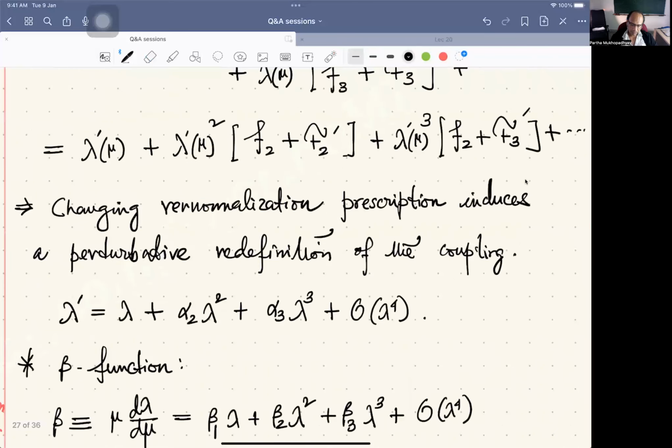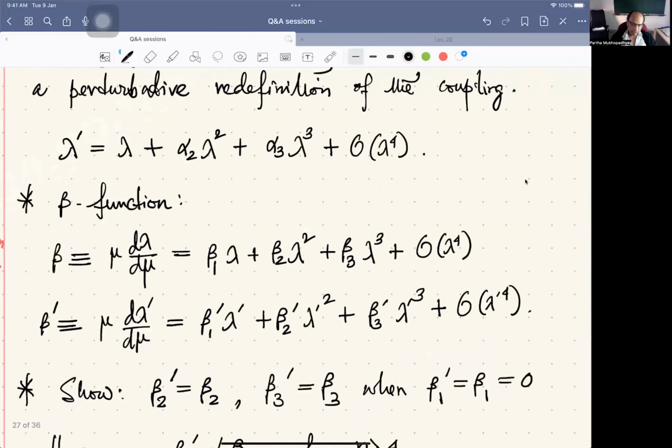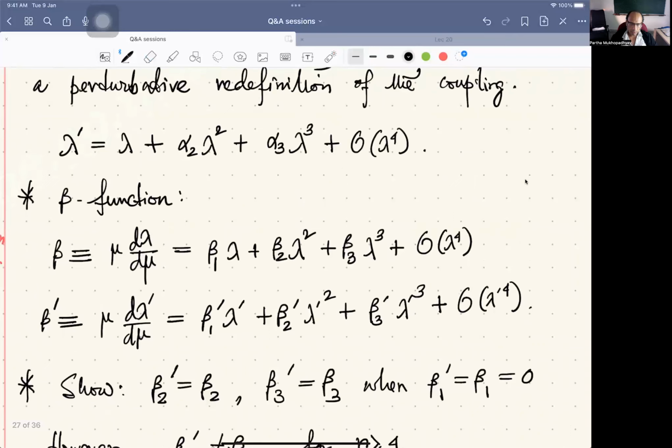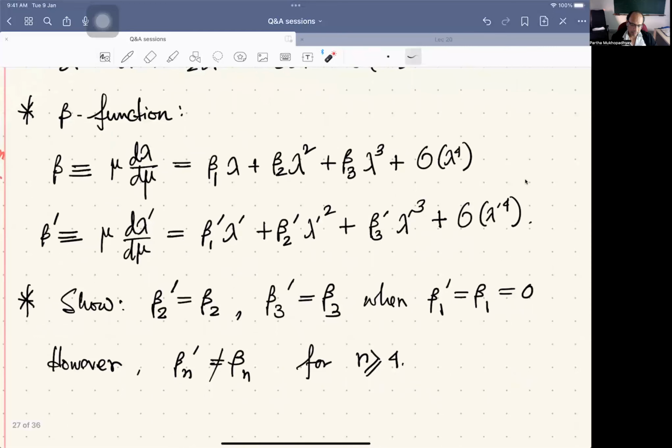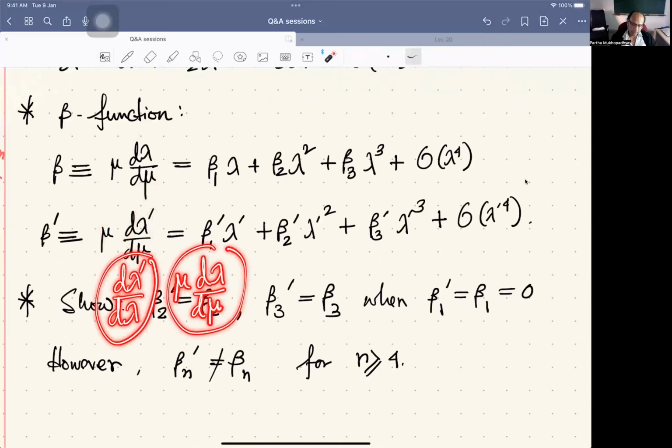is how do you write beta prime in terms of lambda, where only beta i's appear, beta I primes don't. And that is relating, using the definition of beta prime and beta, you can relate them, and that beta prime must be given by d lambda prime d lambda times mu d lambda d mu, which is basically these two factors, and this one is nothing but beta of lambda.